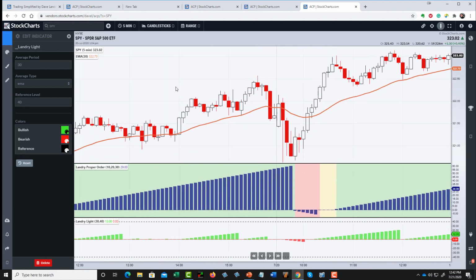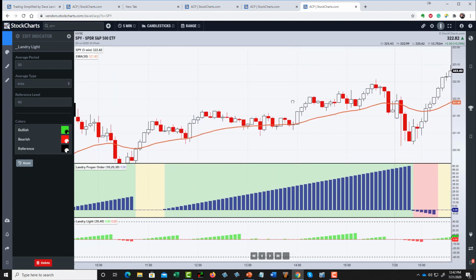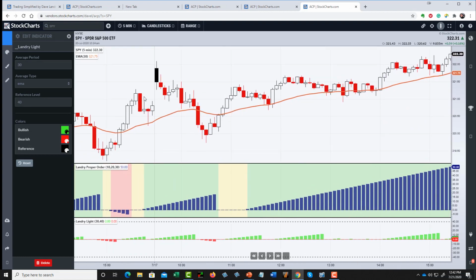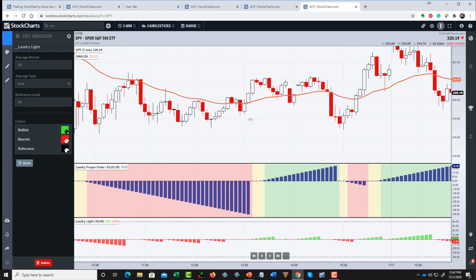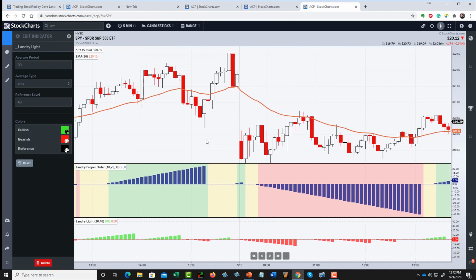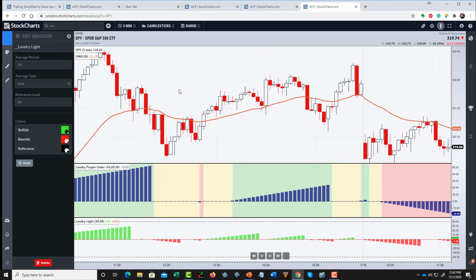Now, just as it could help you to get into trending markets, it could also help you to get out of choppy markets. If we go back a few days, the trading was abysmal. It was up and down and up and down. Let me see if I can find a really good day for you in here.